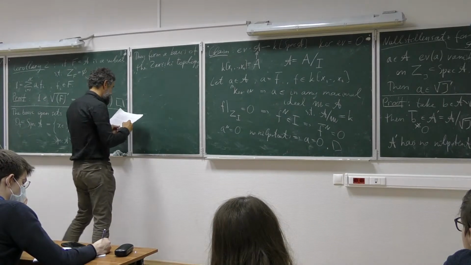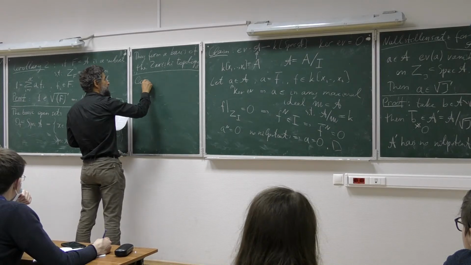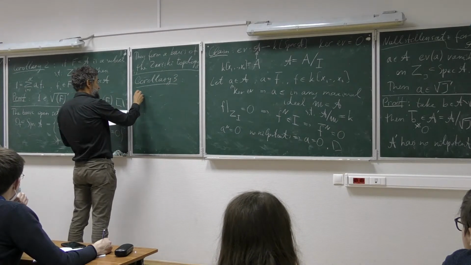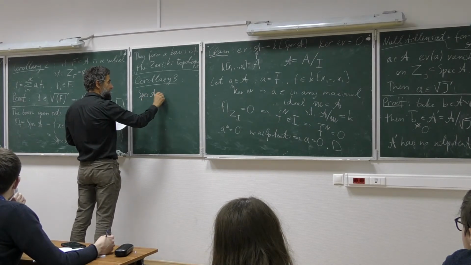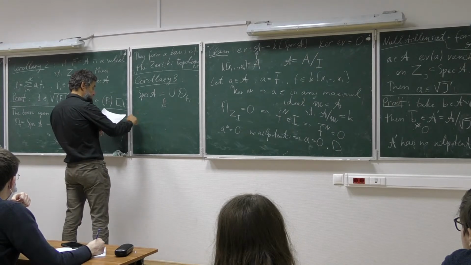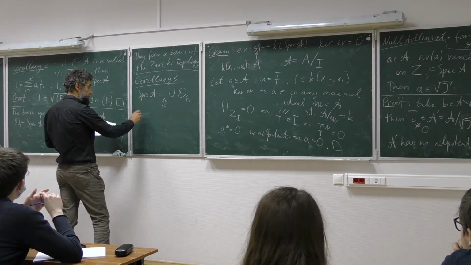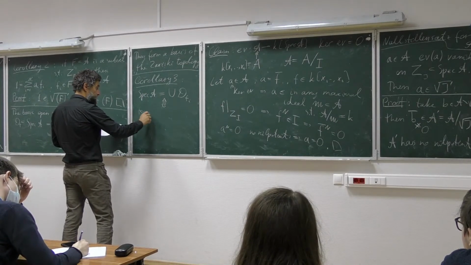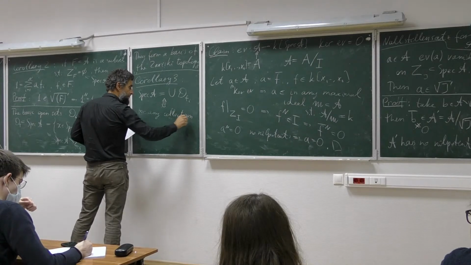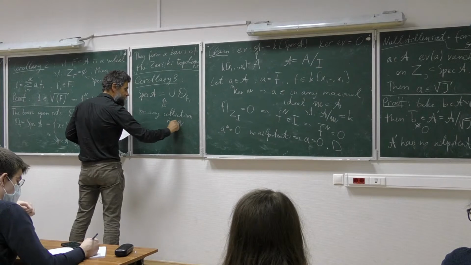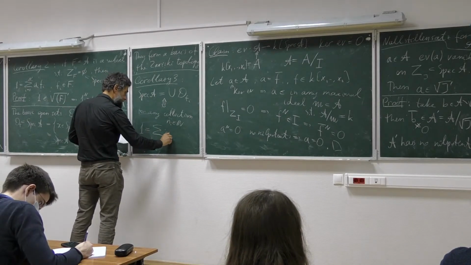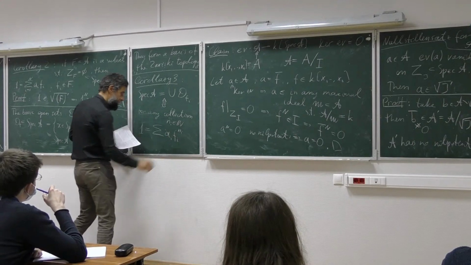On the spectrum, the next corollary, number 3, is that the spectrum of A is covered by these basic open subsets if and only if for any collection of positive integers n_i, you can express 1 as a combination of powers of those elements.